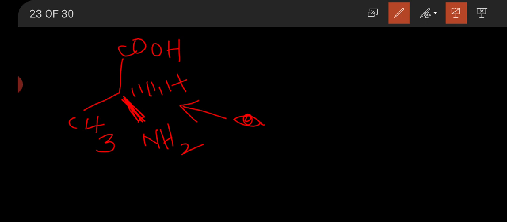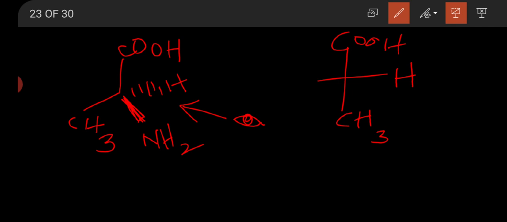Therefore, the vertical bonds: COOH is top vertical and CH3 is bottom vertical, and H is at the right side, NH2 is left side.